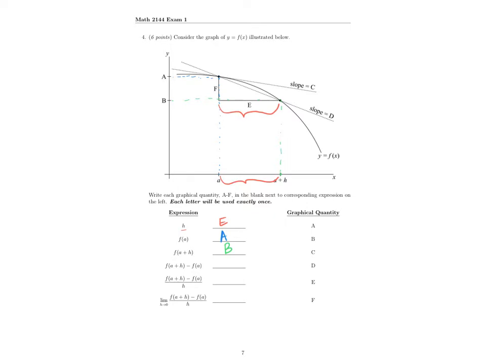And for f of a plus h minus f of a, that's going to be the distance between these two. So this is f of a. This is f of a plus h. So f of a plus h minus f of a is going to be this distance here.